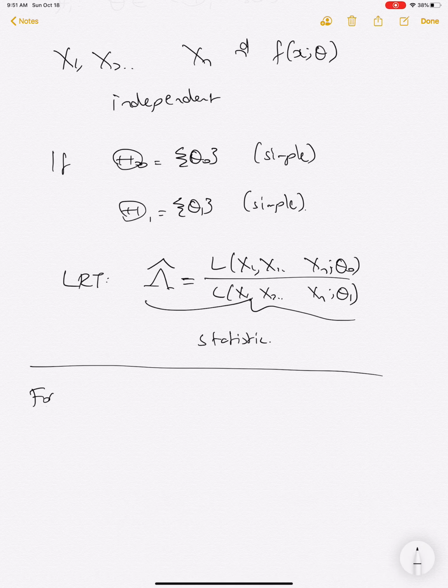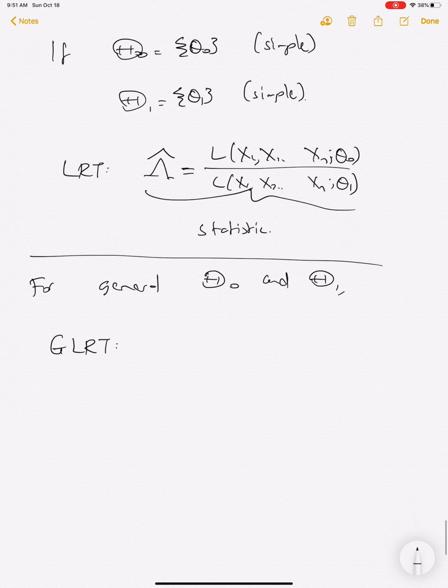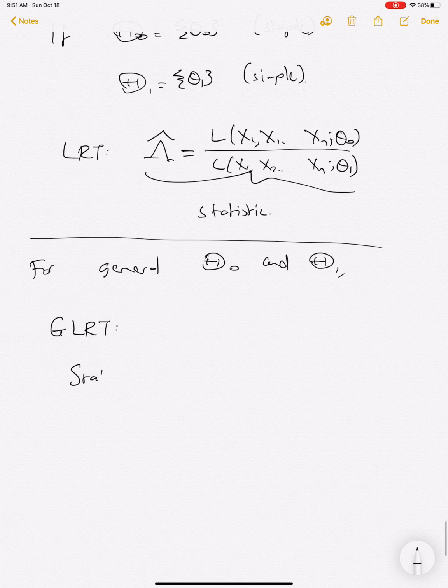So for general theta 0 and theta 1, we're going to define this GLRT. And then the statistic we're going to use is just an extension of what we've seen, where now we're going to maximize. So it's like we're picking the best option.